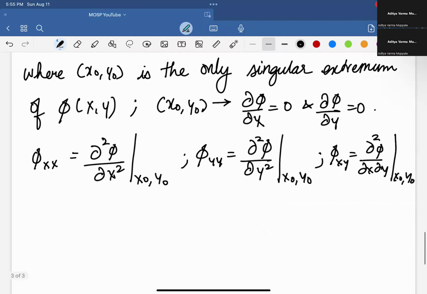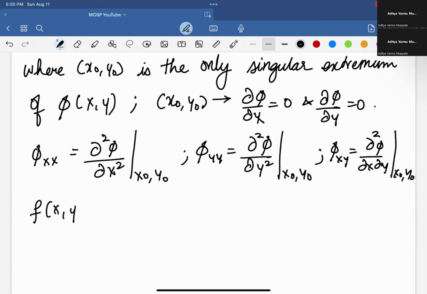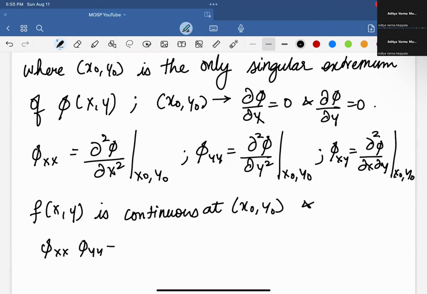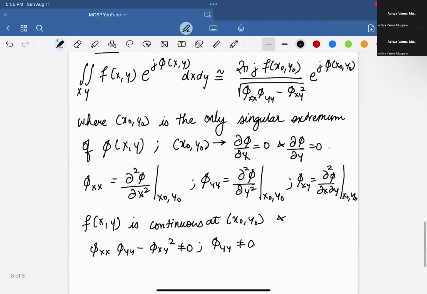Okay, and then we also have to make sure that f of x comma y is continuous at x naught y naught, and phi xx phi yy minus phi xy squared is not equal to 0, and also phi yy should not be equal to 0. Okay, so that's the full statement of the theorem.